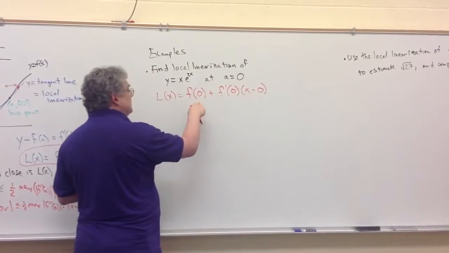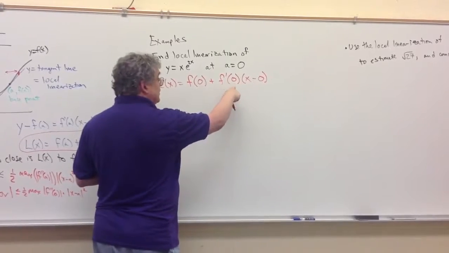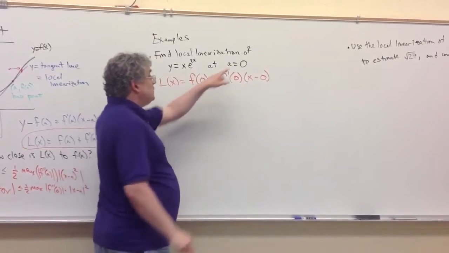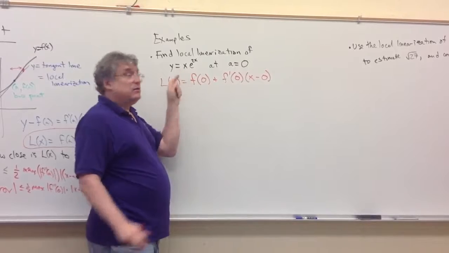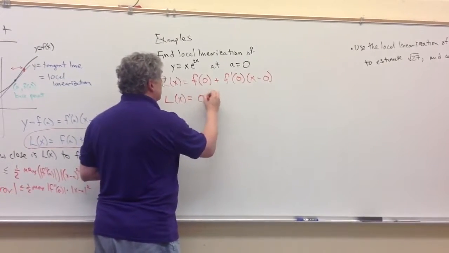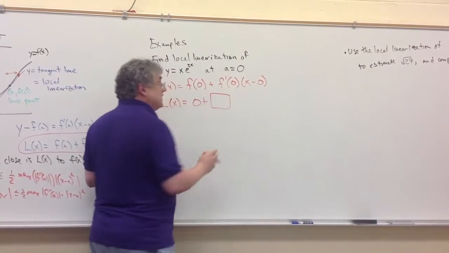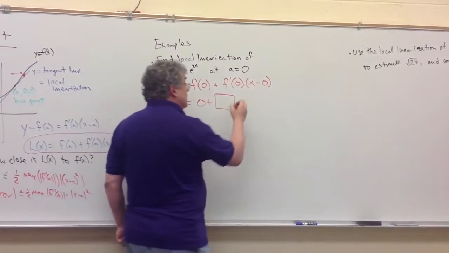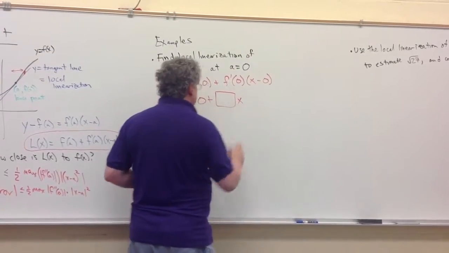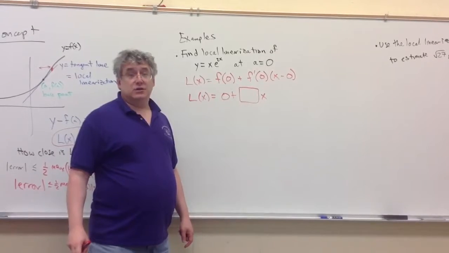Now that means we need the value of the function here, and we need the derivative here. I know what the value is. When I plug 0 in for x, I get 0. I don't know that slope yet. I'll figure it out. x minus 0 is just x.